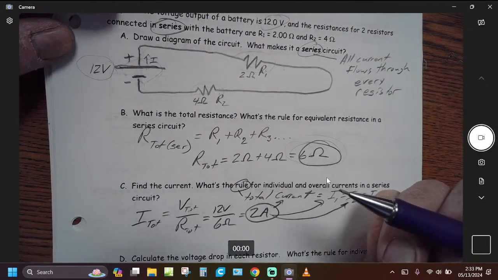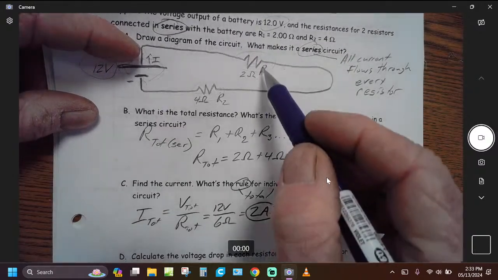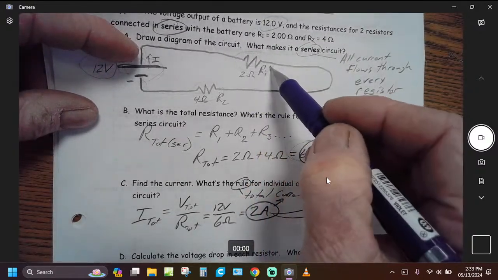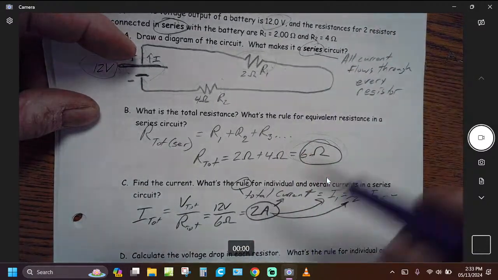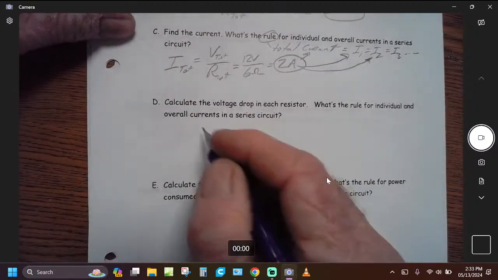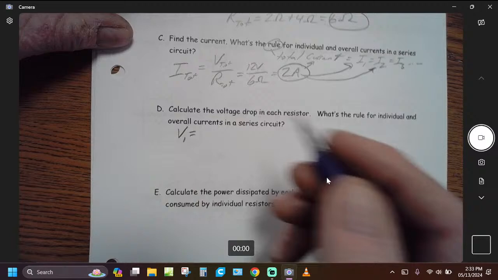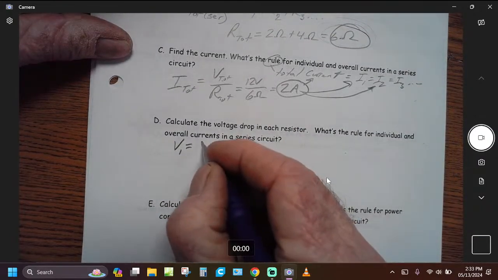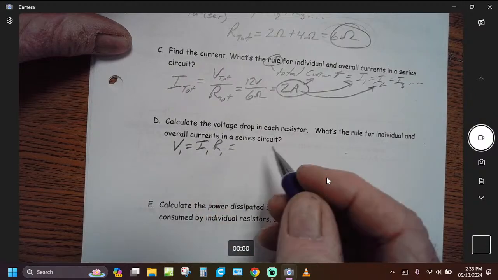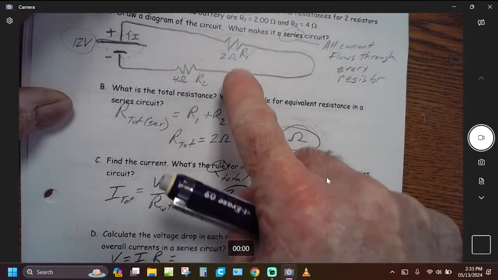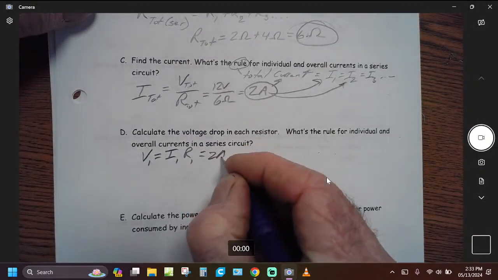Let's see, what can we do? I think we can just use Ohm's law here. So we know the amps through this, and we know the resistance of this, so we can use Ohm's law to get the voltage. So let's do that first. Let's do voltage of resistor 1. It's going to be I1R1. So the current going through resistor 1 right here is 2 amps, because everything has a current of 2 amps.